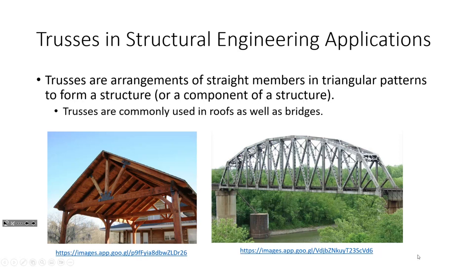So if you ever have a structural challenge where you need to achieve a very large span with nothing under it, trusses tend to be a viable solution. For example, for this bridge here on the right, we have a really large span and we don't want anything under it to impede the water flow. So that's why they're using a truss. For architectural considerations, trusses tend to be used for roof systems for 2 reasons.